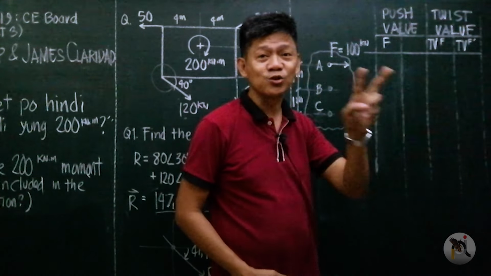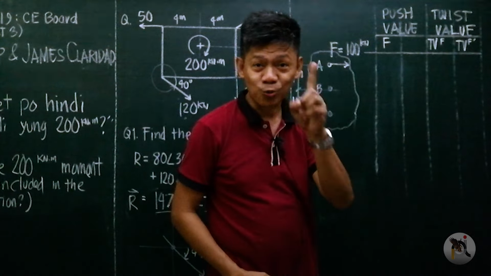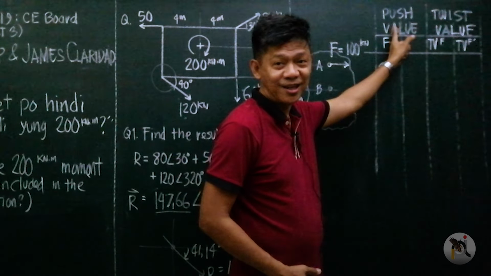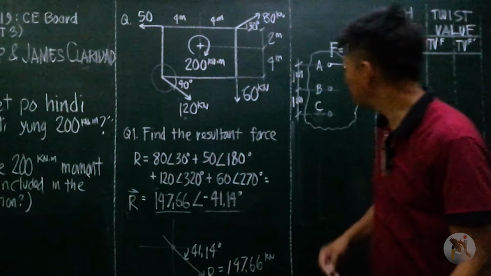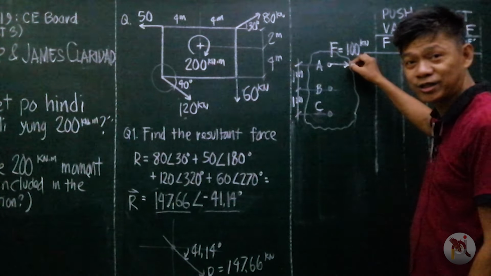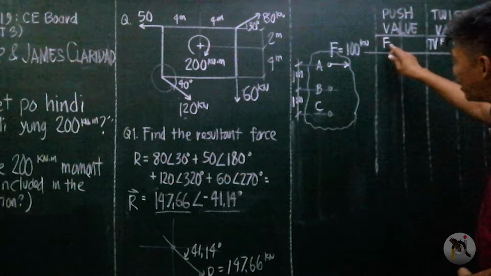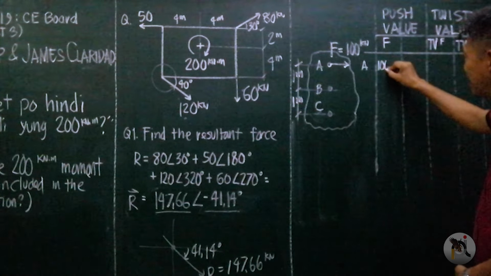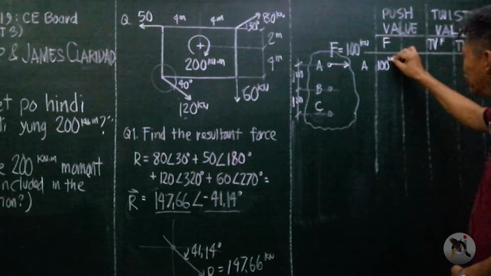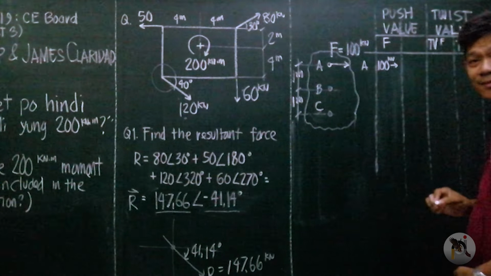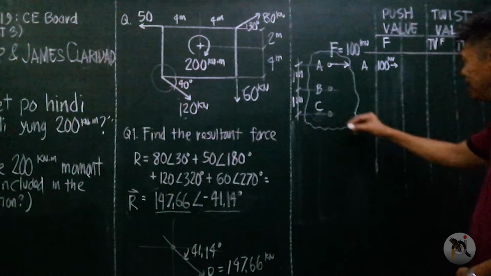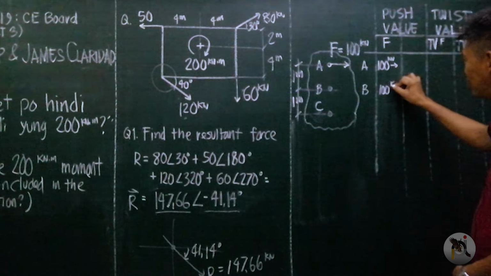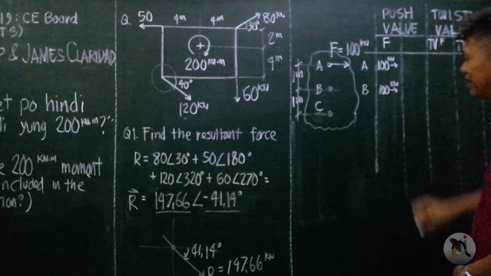A force has two values, the twist value and the push value. Okay? So, this 100 kilonewton force has a push value at A of 100 kilonewtons to the right. At B, it also has a push value of 100 kilonewtons to the right.